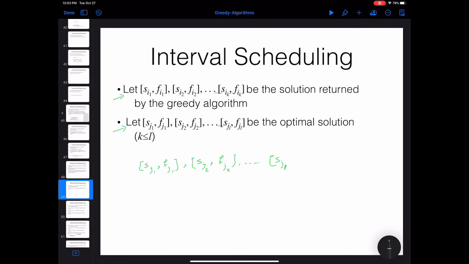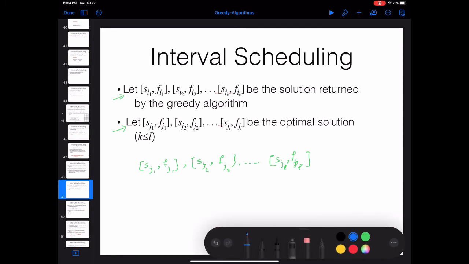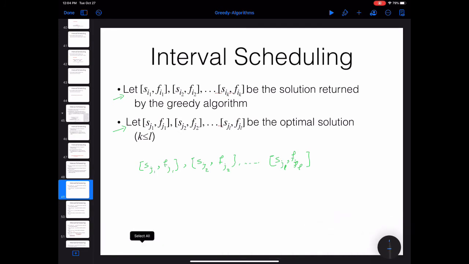J_L and F of J_L. Okay, and this is going to be the greedy solution.